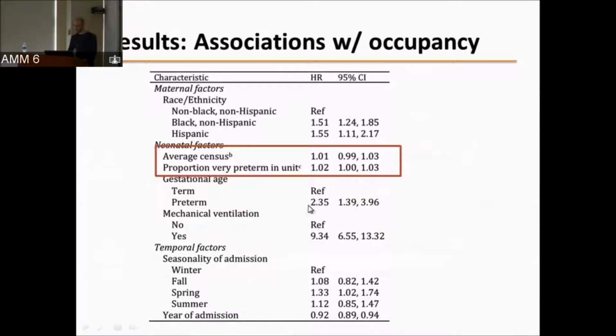And as expected, we saw that if the infant was born preterm, they have an increased risk, and especially if they're intubated, right, they have a very strong risk increase associated with the late onset sepsis. And we also observed perhaps some seasonality here. We noted some trends here. So relative to winter, it appeared that the warmer months may have an association with increased infections.